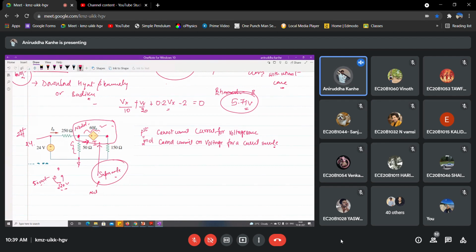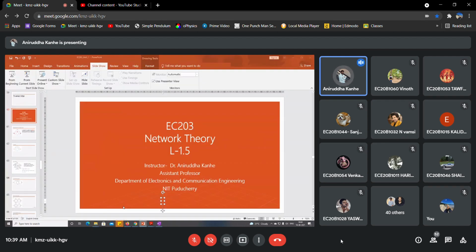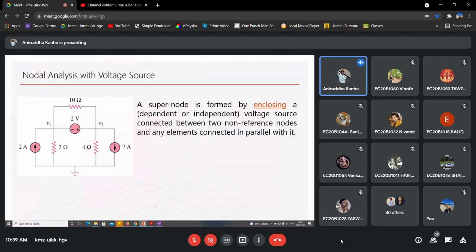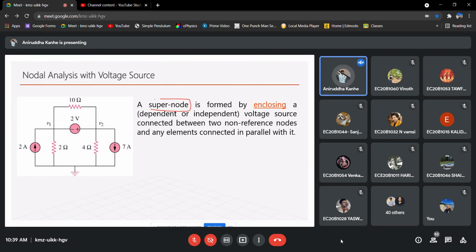Today I thought of taking it. You can see the PPT for today's lecture. But since nobody has prepared anything, I have to stop it. I thought of starting it today. The supernode is formed by enclosing a dependent or independent voltage source connected between two non-reference nodes and any elements connected in parallel with it.